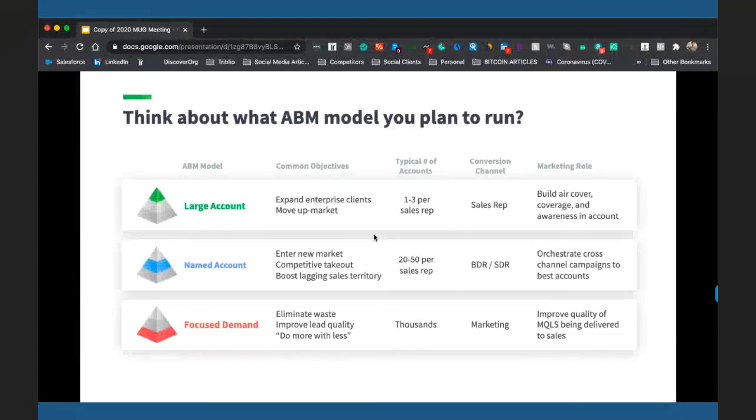You could create an ad program that targets accounts that are part of a particular smart list or segment. That could also be named account, or large account, depending on where it's coming from. But for the most part, it's generally focused around CRM and the data in CRM.